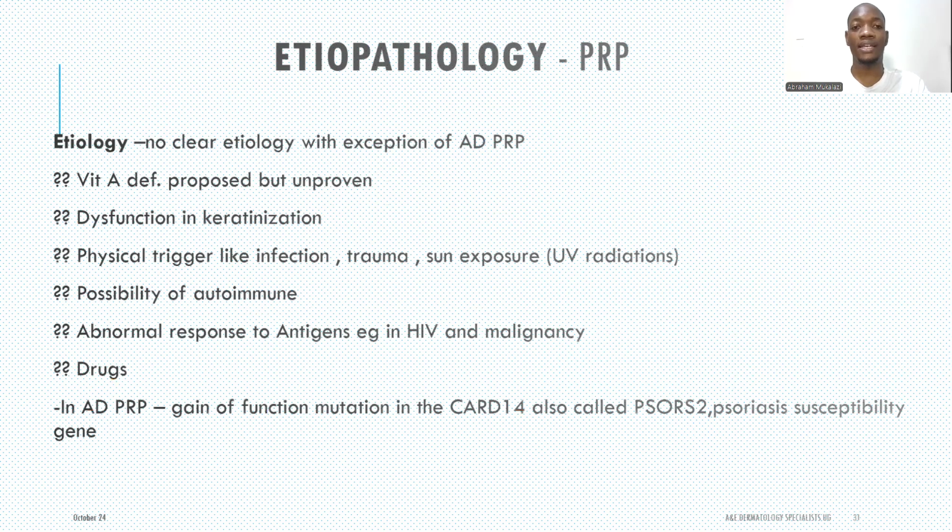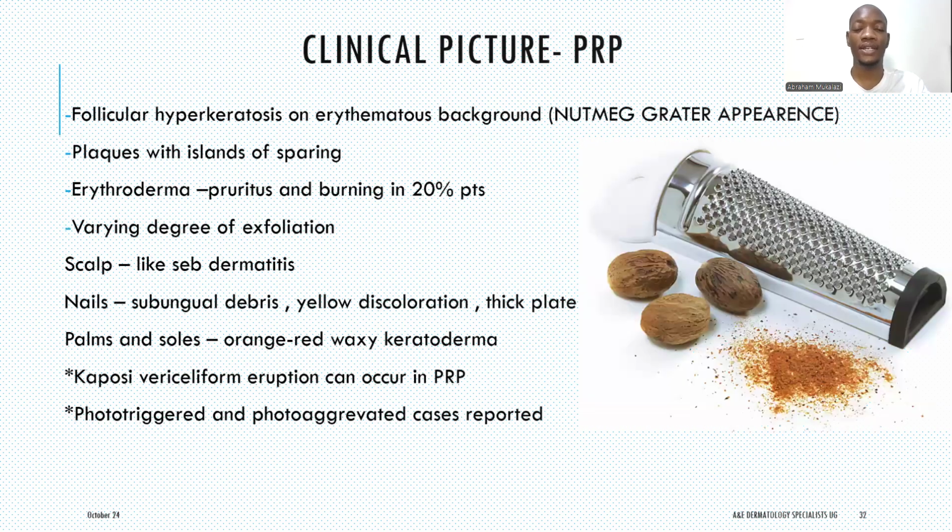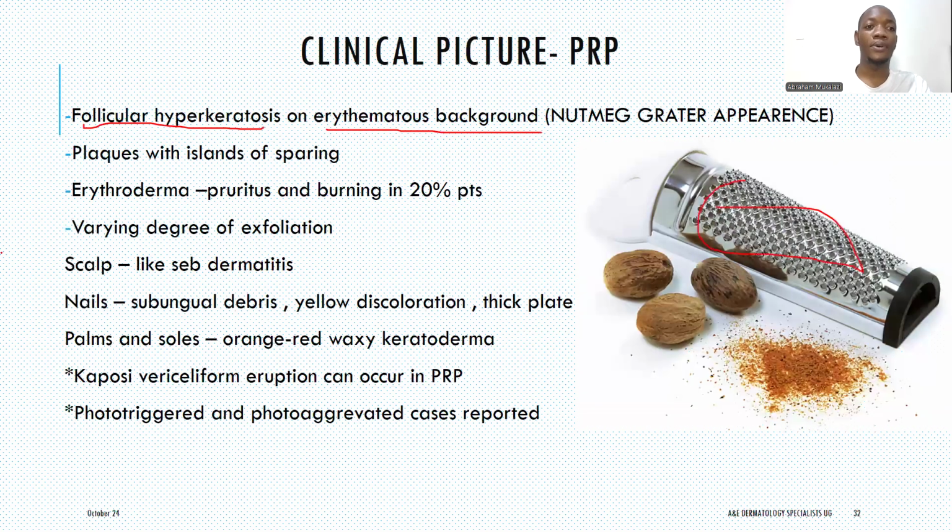Okay, so that is the clinical picture that we see in Pityriasis rubra pilaris. The erythroderma can sometimes come with pruritus and a burning sensation in about 20% of patients, with a varying degree of exfoliation.